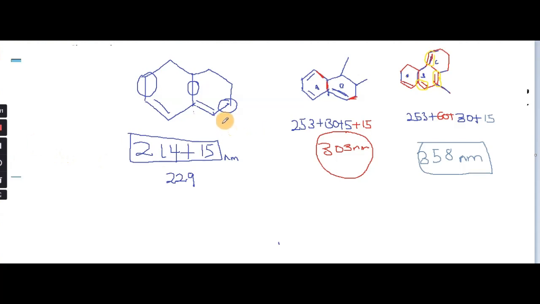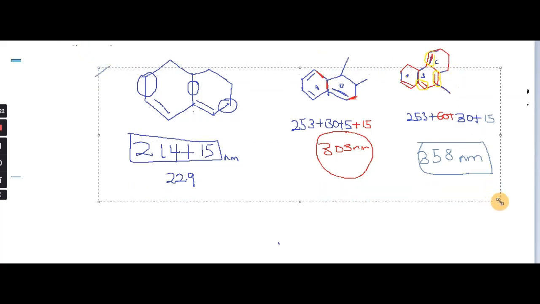Okay, so let's draw this compound. I think the space is occupied, so let me clean the space so we can have a white area for the new compound. So let's say we have this compound. This is a bit unique compound.